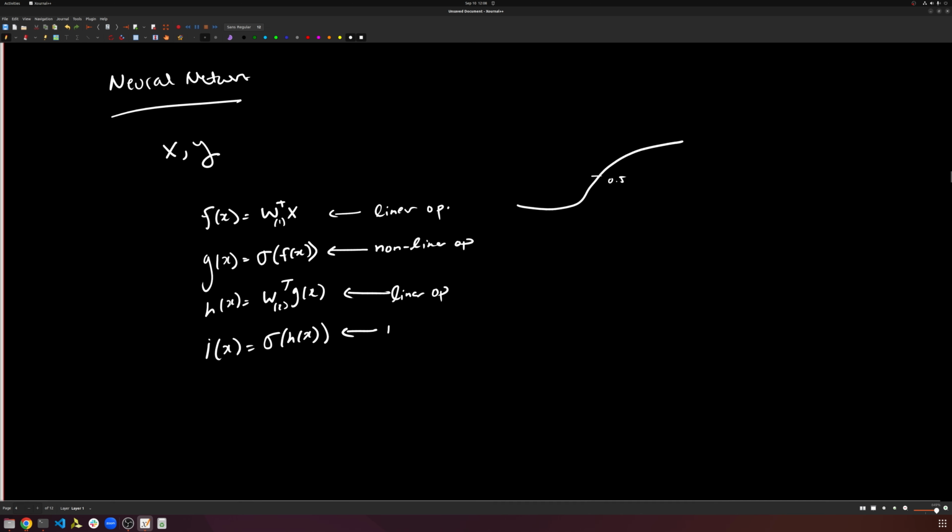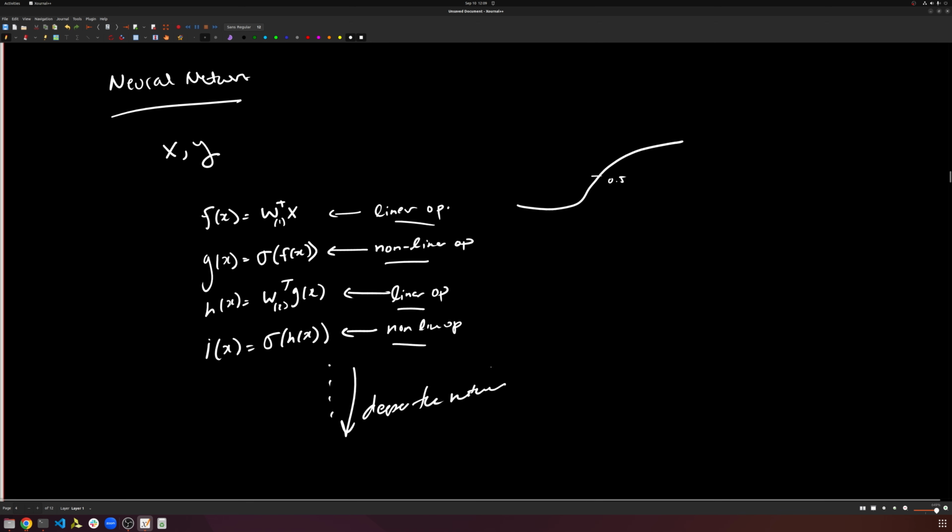This is, again, a nonlinear operation. So neural networks are basically a stack of operations that typically oscillate between linear, nonlinear, and so on. And the more of these you have, the deeper the network. That's why it's called deep learning. The more of this you have, the deeper your network, and that's the main idea.